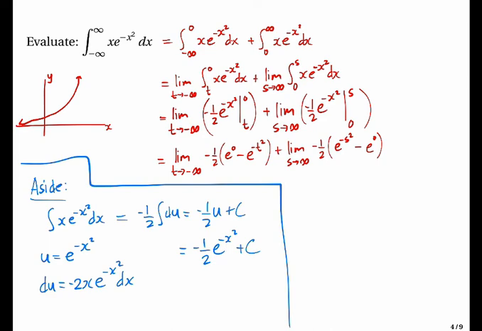Okay? So what does that mean? As t goes to negative infinity, we have t squared here. Whatever your t is, if you square it, it becomes positive. As t approaches negative infinity, t squared will approach positive infinity.